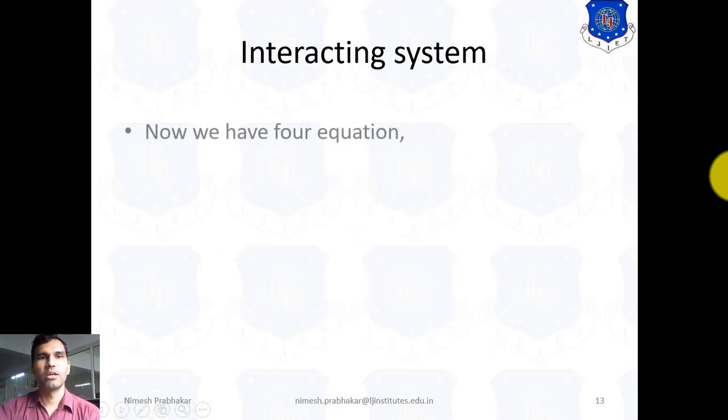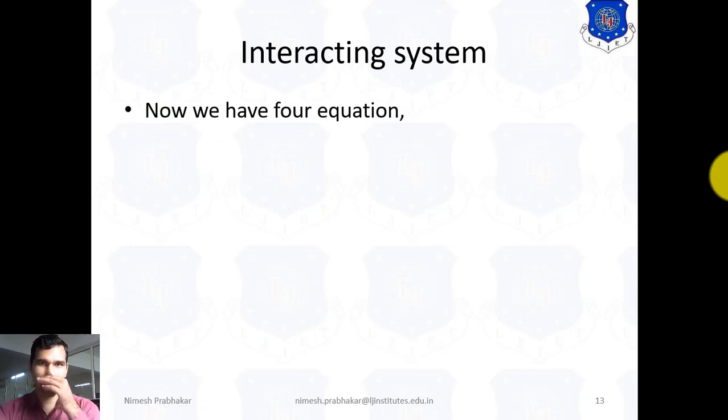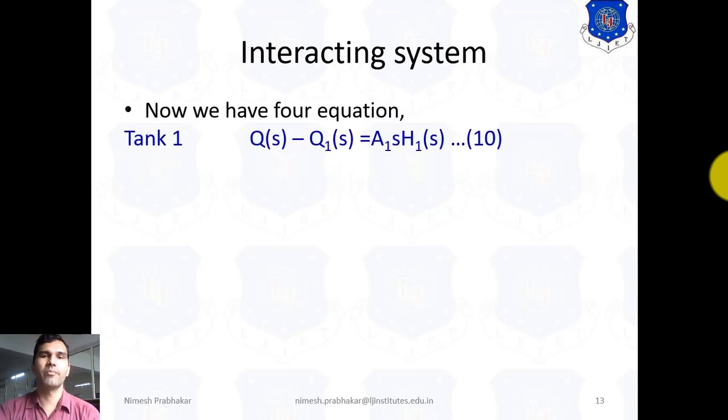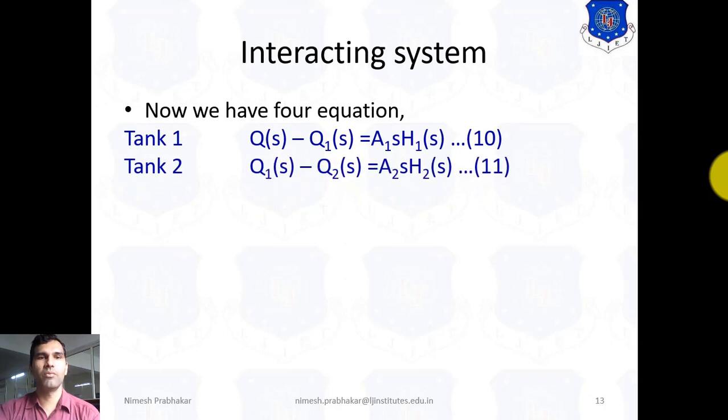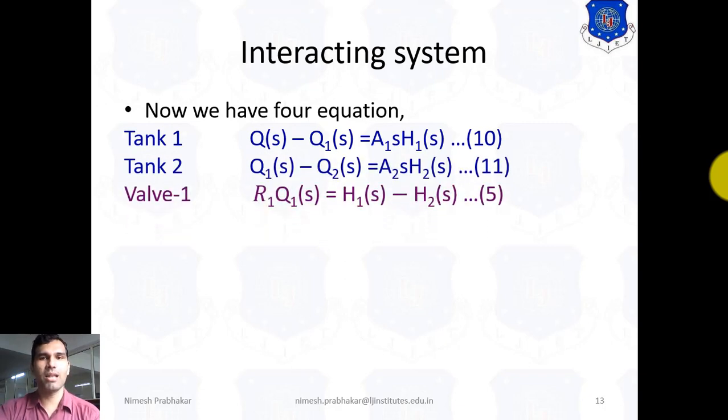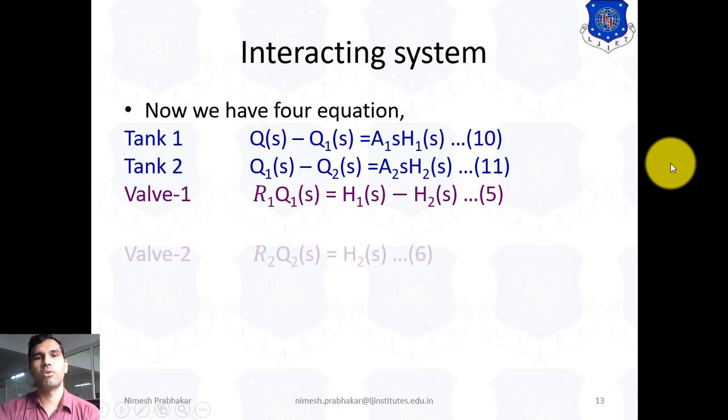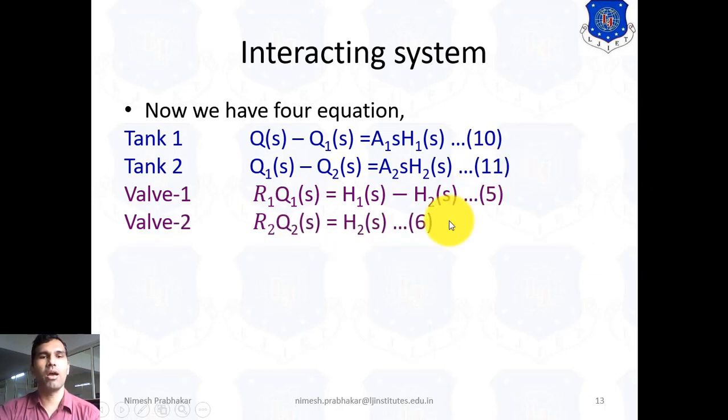Now we have four equations: the Laplace transform of tank 1, the Laplace transform of tank 2, and for valve 1 we know Q1(s) is equal to H1(s) minus H2(s) upon R1, so R1 goes to the multiplication. For valve 2 we can write R2 into Q2(s) is equal to H2(s). Solving these four equations, we get the Laplace transform of the interacting system.